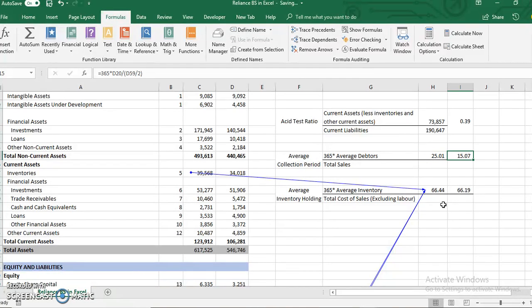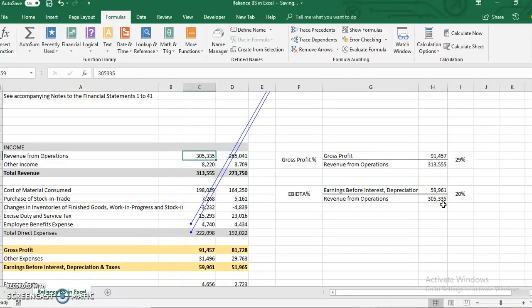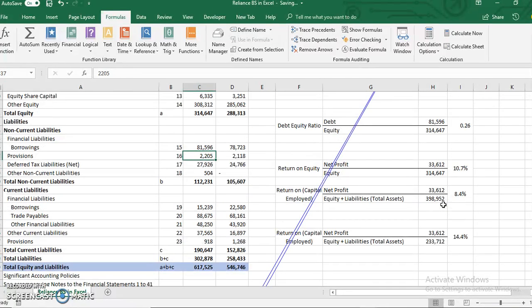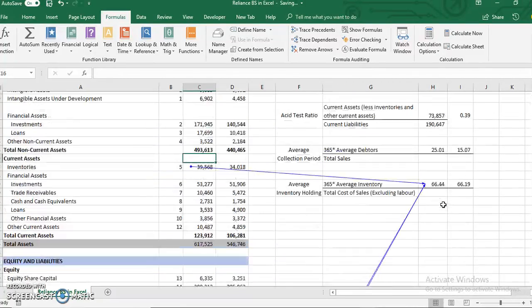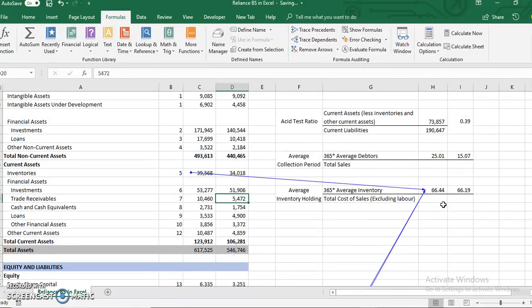However, here you can see that the debtors' collection days increased from 15 to 25. If you remember, in the previous video we were talking about how, if the average collection days are increasing, the sales might have been booked wrongly. But considering the change is only 4,000 or 5,000 to 10,000, while the sales are over 300,000, there is no way the company would be misrepresenting by adding only 5,000.